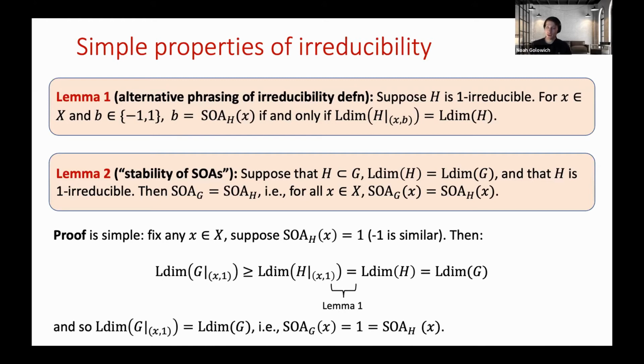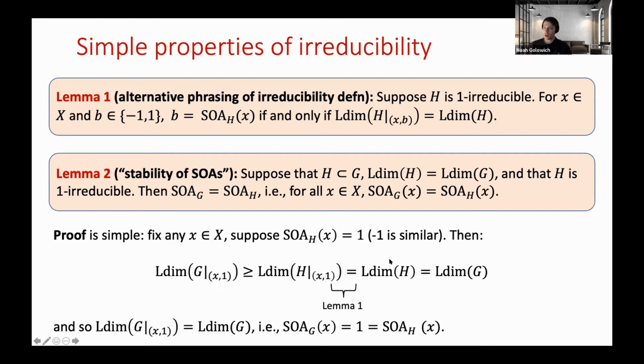So let's fix any point x, and suppose for simplicity that SOA H of x is equal to 1. The case where it's -1 is handled symmetrically, so I won't cover that. Then we have the following train of inequalities and equalities. First of all, the Littlestone dimension of G restricted to x1 is at least the Littlestone dimension of H restricted to x1, because H is a subset of G and the restrictions are also subsets of each other.